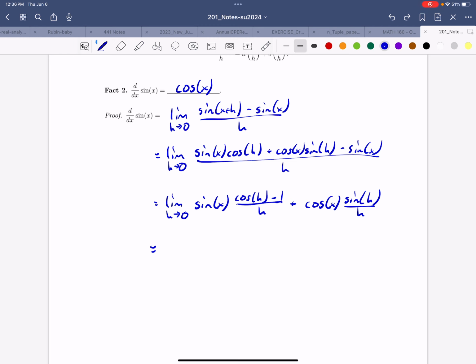Well, first of all, let's use some limit laws to say that, look, we can take the limit of this, assuming the limit of everything exists, which it's going to, we can take the limit of this guy plus the limit of this guy.